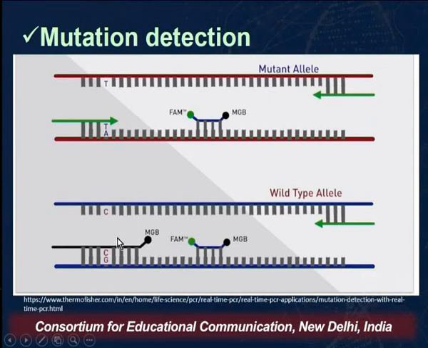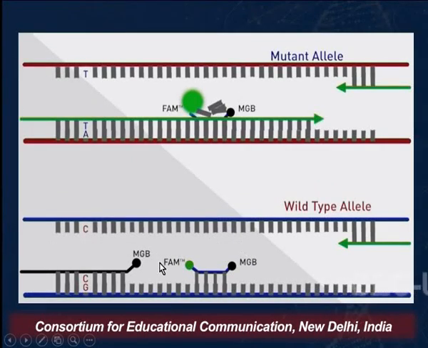However, because the allele specific primer is not bound here and a blocker is bound here, no synthesis occurs here, and therefore there is no fluorescence that can be detected here. So when the synthesis is occurring, the fluorescence is released that can be detected. So there is no background, only the mutated gene is detected, and therefore you can actually quantify the amount of mutations, and you can actually detect the mutation also.